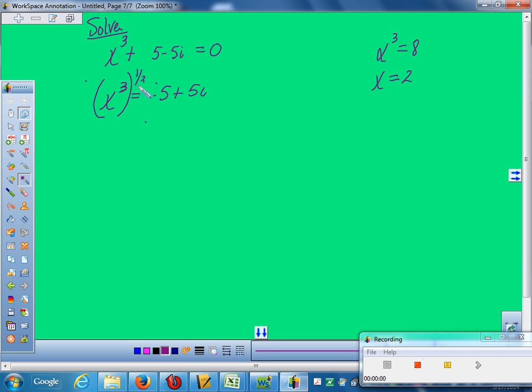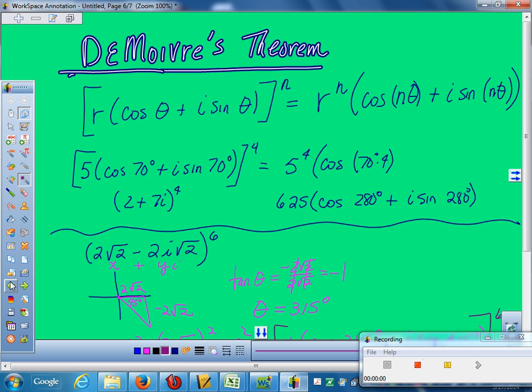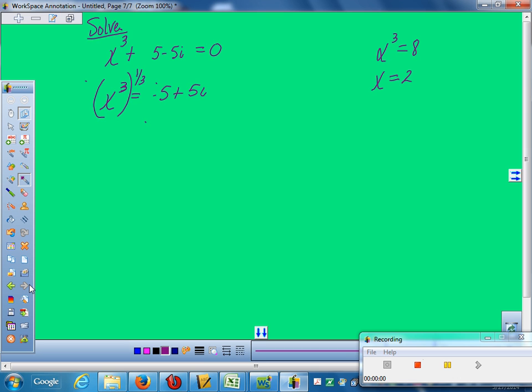Why would I rather do this as an exponent? Because I know this theorem, and I can use this rule for taking it to a power. So I want to do this as an exponent so I can use this rule again. But that means you're taking this expression to the 1/3 power.